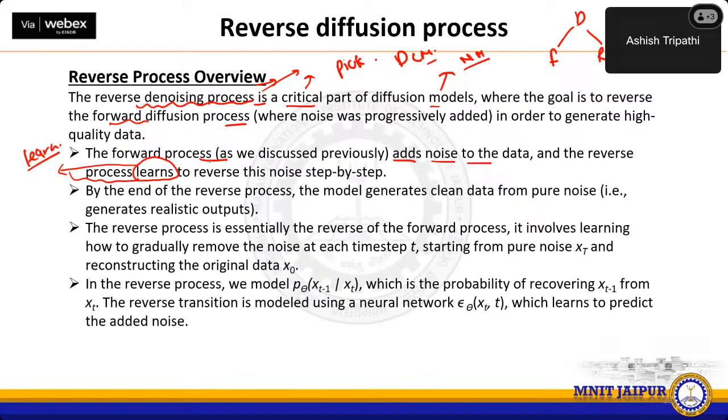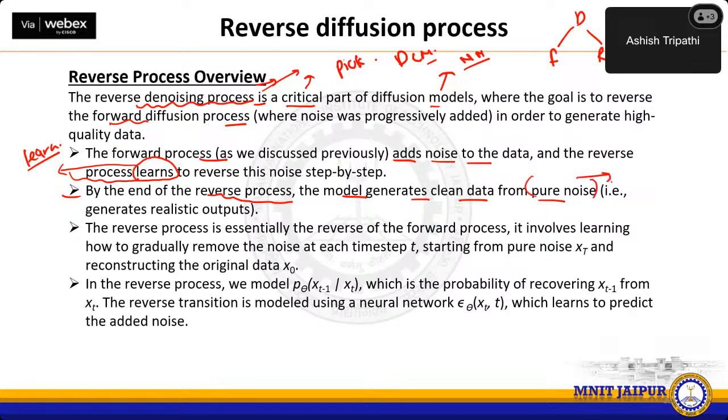But so far, we are not learning any kind of pattern in the forward process. We are just statistically increasing the noise in an incremental way, whereas in the backward process, I am learning, meaning I'm training the model based on some of the inputs or labels that we will give to the model. Naturally, at the end of the reverse process, the model generates clean data from the pure noise that we have given.